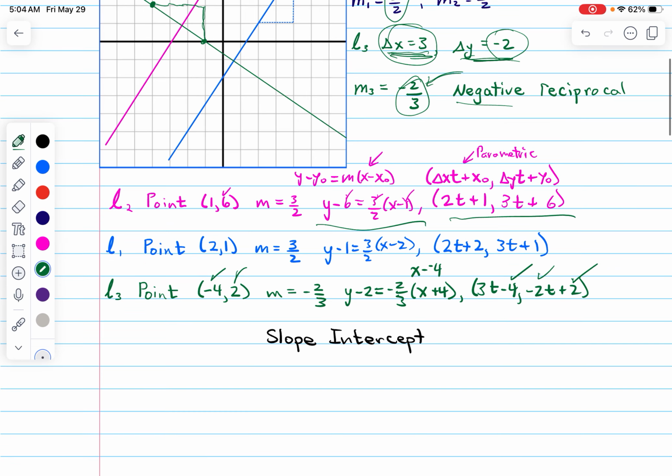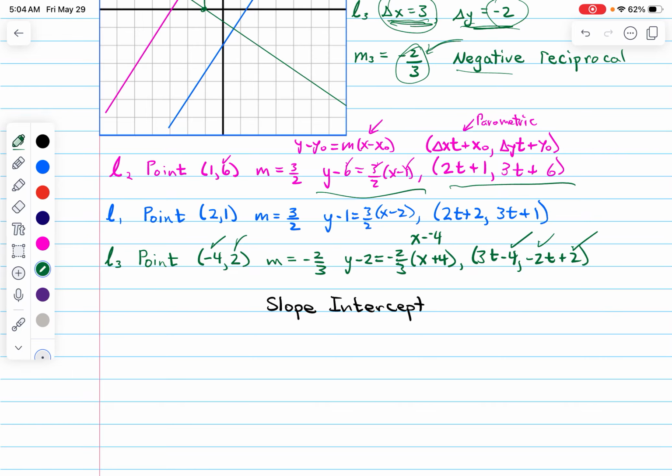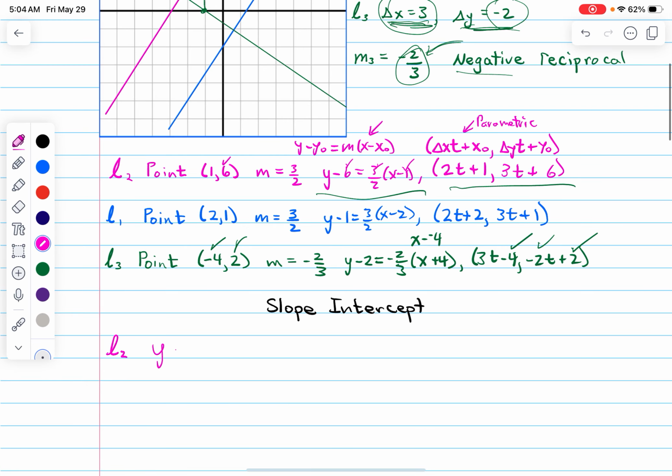Okay. Now, I want to talk about slope-intercept form. So let's just take this first line. Let's take L2. And I want to write that in slope-intercept form. So what we have is y minus 6 equals 3 halves times x minus 1. If we want to write this in slope-intercept form, what we have to do is just solve for y.